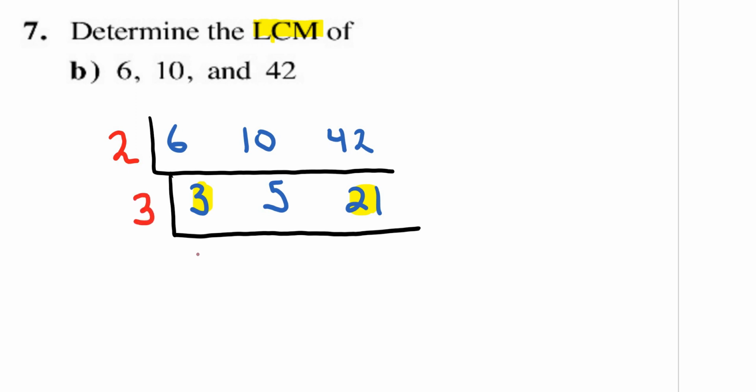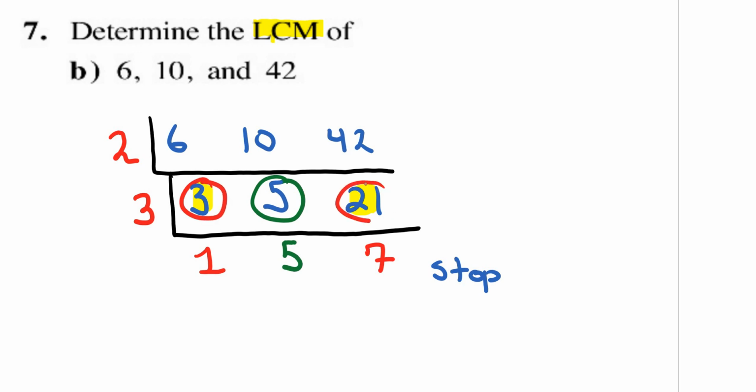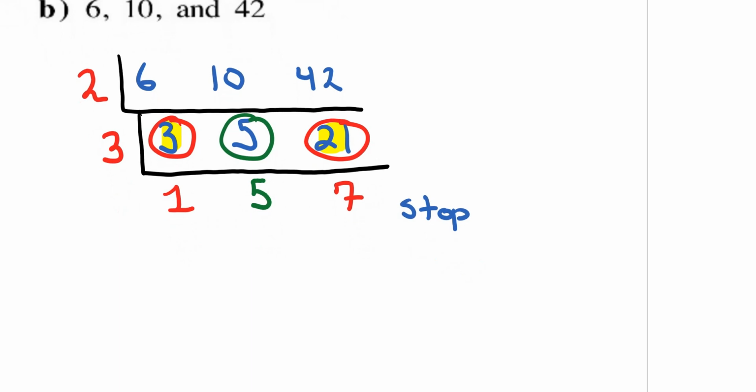If I do that, we get a 1, and then we would get a 7 over here. And this 5 right here definitely does not divide by 3, so we can just pull down the 5 like that. And now this is where we can stop because 1, 5, and 7 are all prime numbers, right? So in the previous line, if you have at least 2 out of the 3 numbers that you can continue breaking down, then you continue breaking them down.